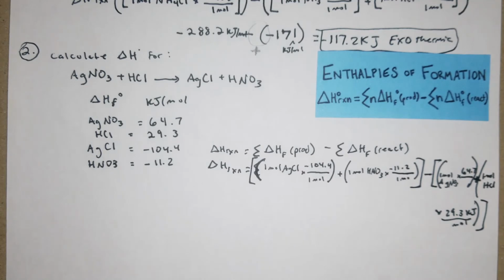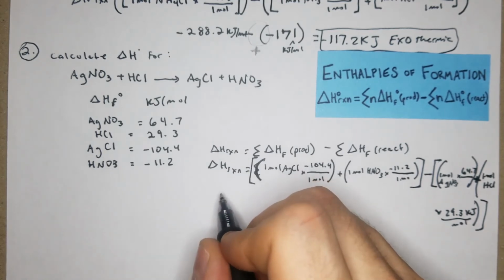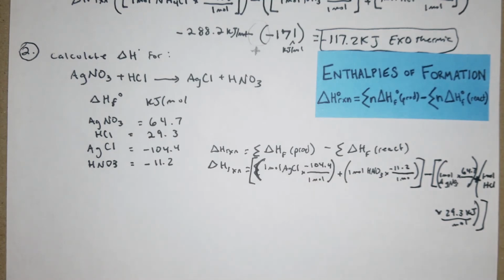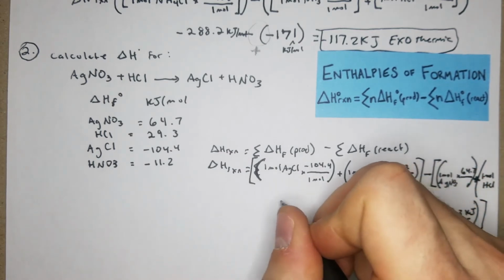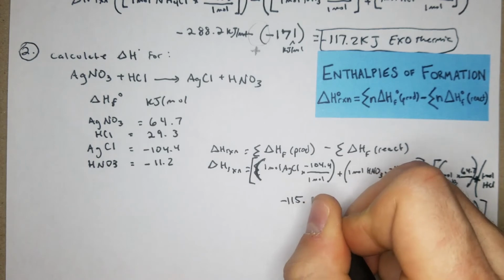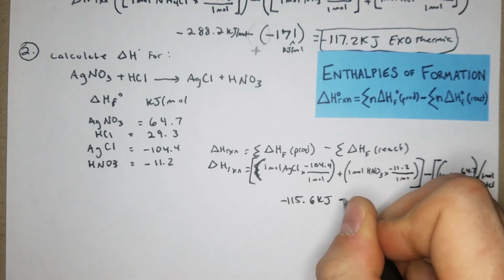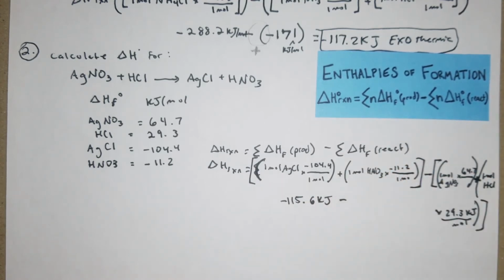We're just going to solve this out. Luckily we have, again, a lot of ones, so we can just throw things together. We have negative 104.4 plus negative 11.2 and 15.6 kilojoules, minus this over here, which is 64.7.